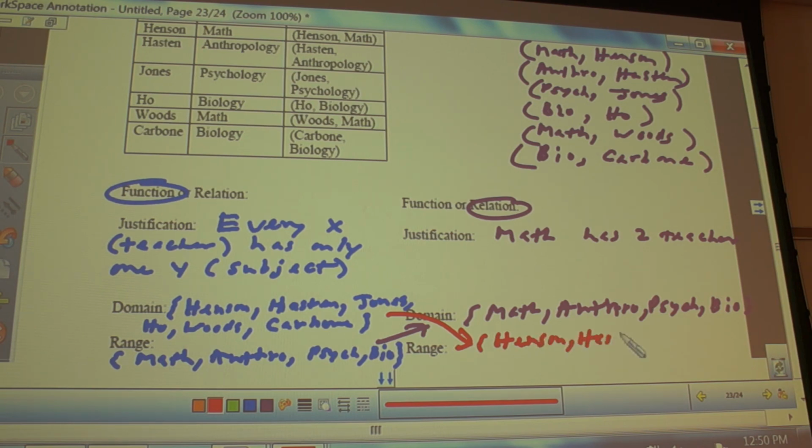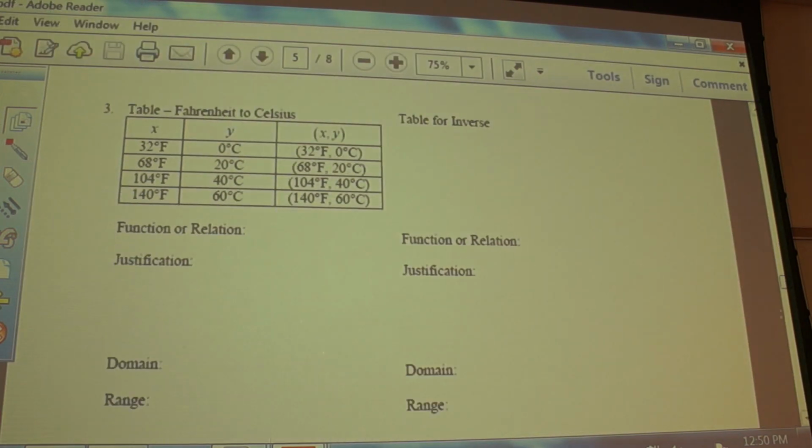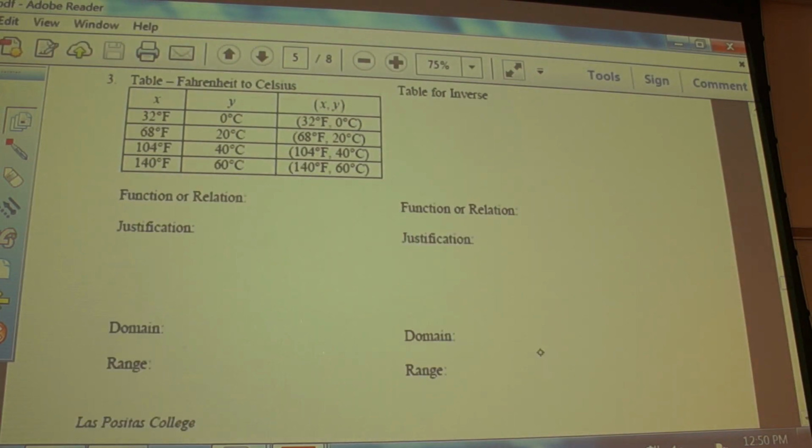Haskins, Jones, Poe, Woods, and Carbone.